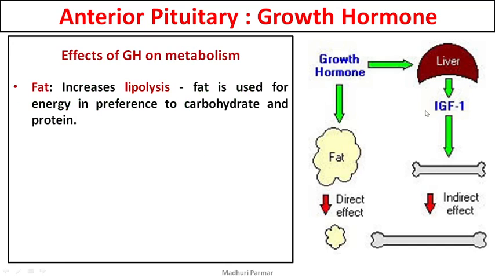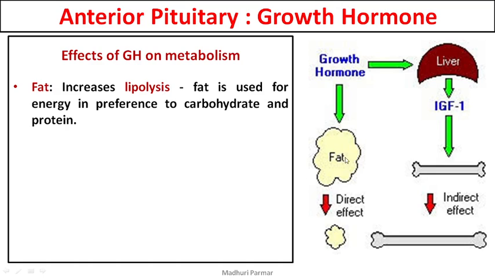Now let us see what the effects of growth hormone on metabolism are. We will start with fat. Growth hormone increases lipolysis. Lipo means lipids, fats, and lysis means breakdown. So lipolysis means breakdown of fat, as you can see here.